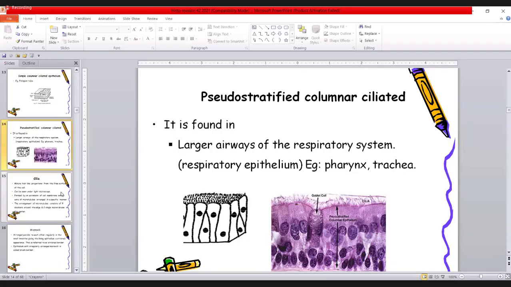And how do cilia differ from microvilli? What are microvilli? Do they also have this 9 plus 2 microtubule arrangement? No, madam, they are projections of the plasma membrane. Very good. Finger-like projections of the cell plasma membrane are known as microvilli. So they lack cytoskeletal elements like microtubules.